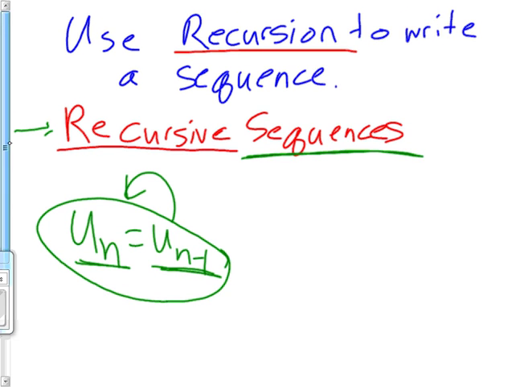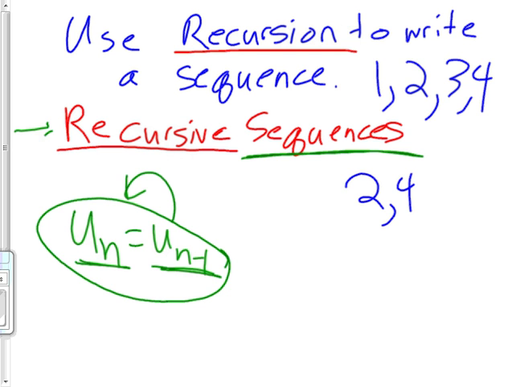So going back up to the question here, use recursion to write a sequence. I would be writing a sequence that would be dependent upon the number before it. So there are literally infinite answers here. 1, 2, 3, 4. Would that be an arithmetic or a geometric? Arithmetic, because I'm just adding 1, because there's a common difference. 2, 4, 8.